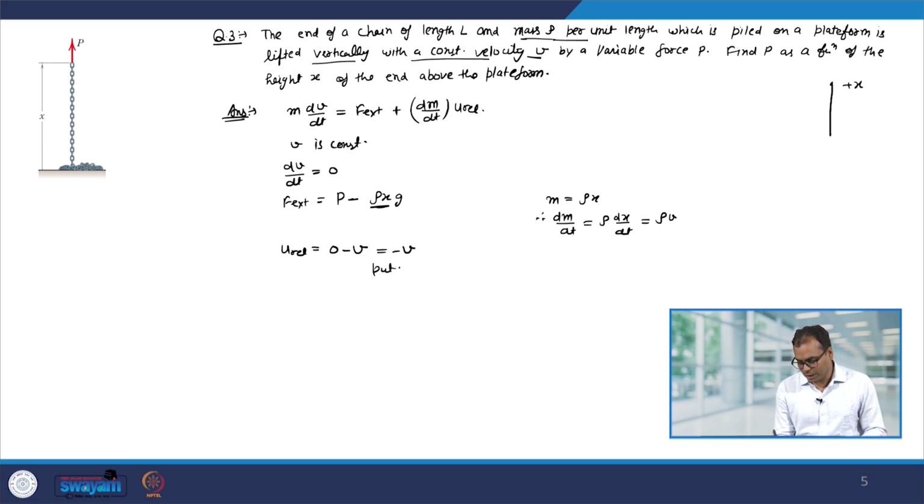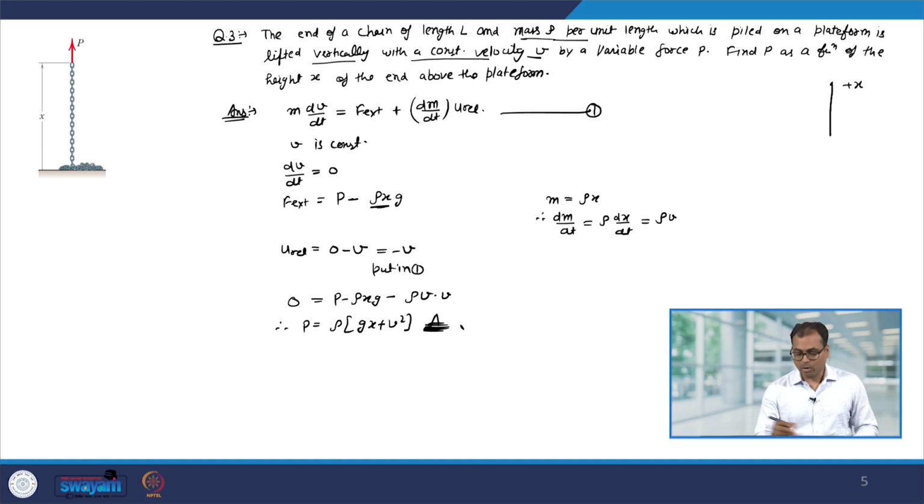Now, put everything in equation number 1. So, we have m dv by dt is 0. Therefore, 0 equals P minus rho xg minus rho v into v. So, we have P equals rho times gx plus v square.